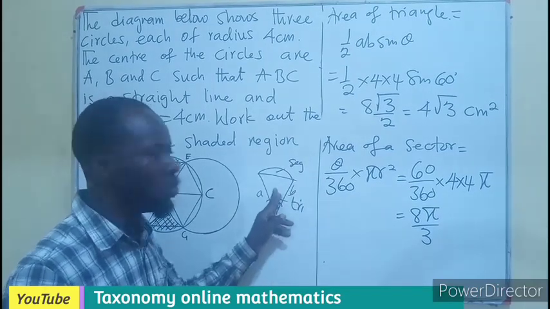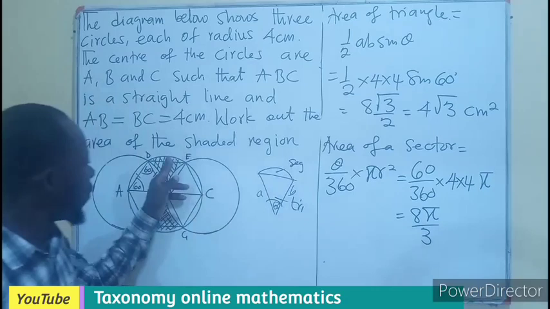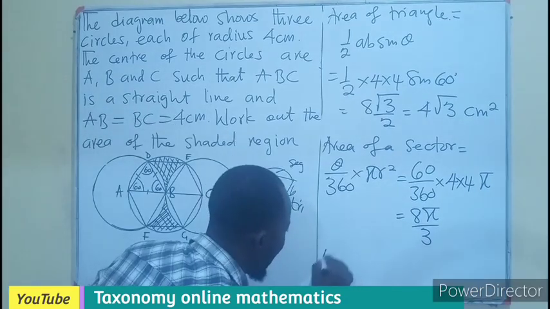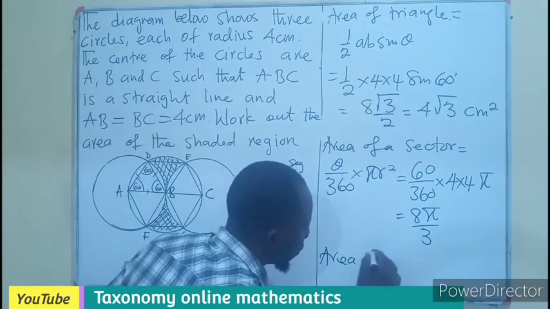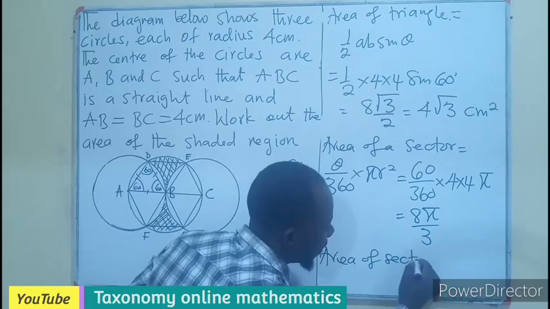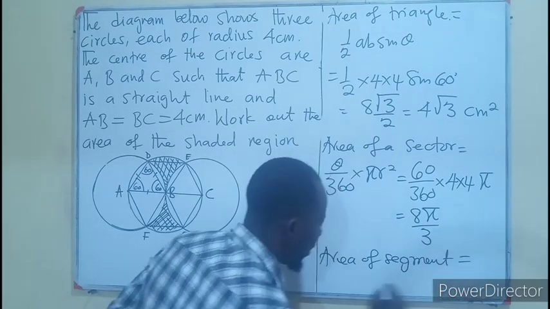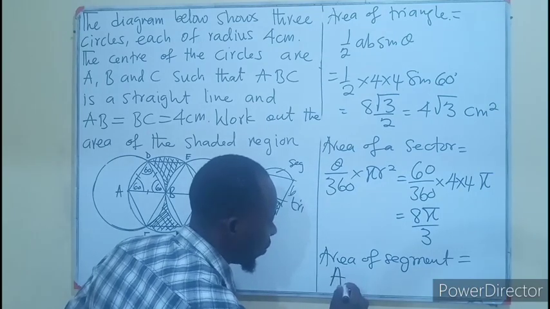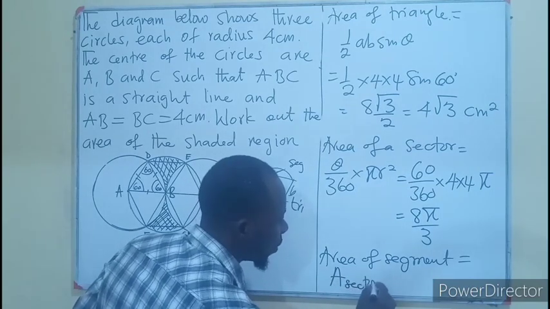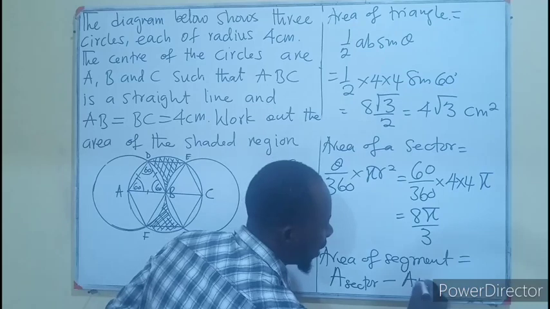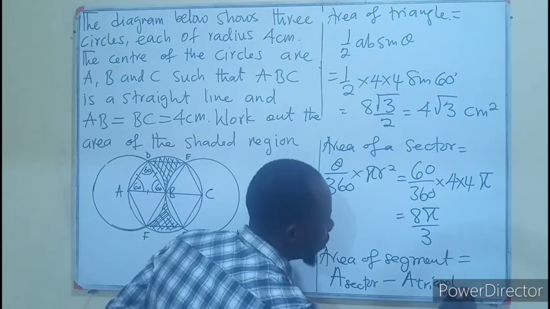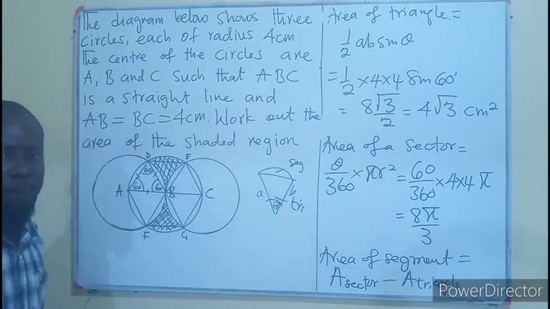Our triangle is known. What are we looking for? We're looking for the segment. So area of a segment is going to be area of the whole thing, which is the sector, minus the area of the triangle, which is the same for all of them.